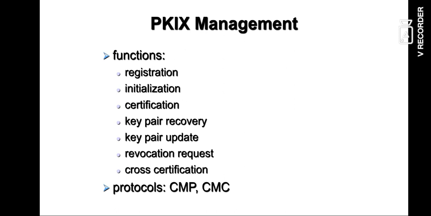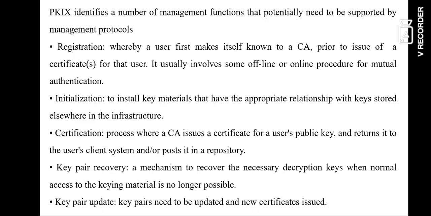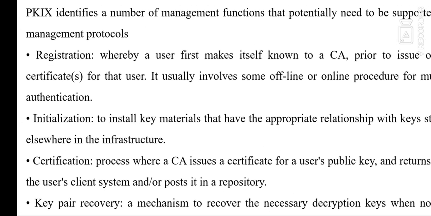The functions include registration, initialization, certification, key pair recovery, key pair update, revocation request and cross certification. The two mainly used protocols in PKIX are CMP and CMC. As I told, we have a number of management functions.